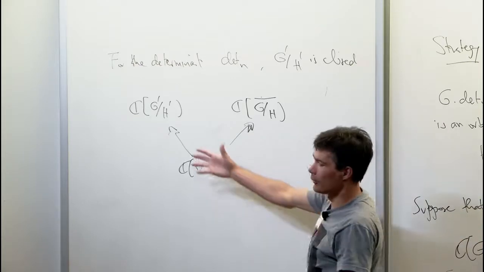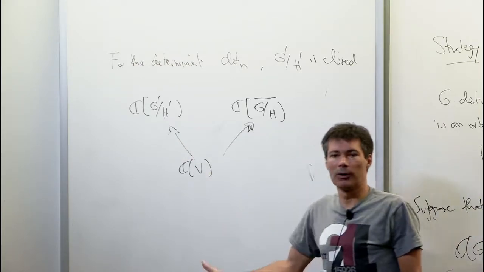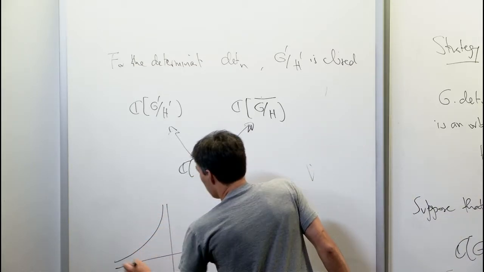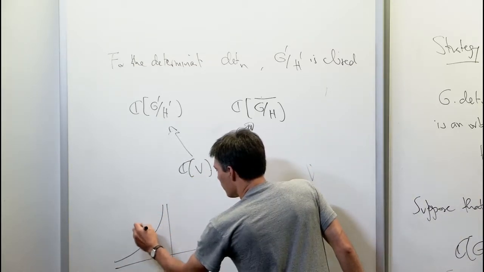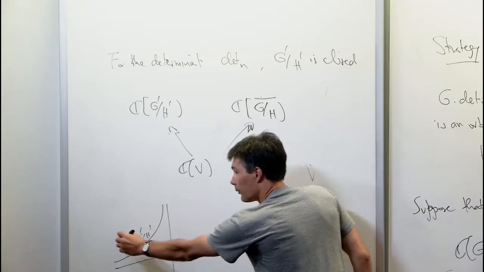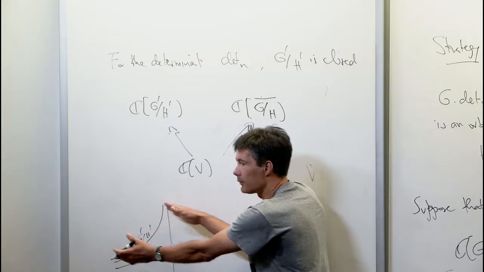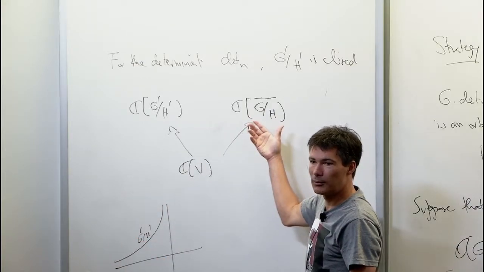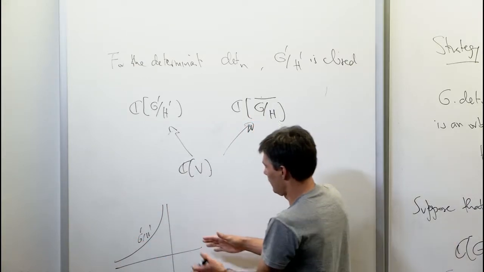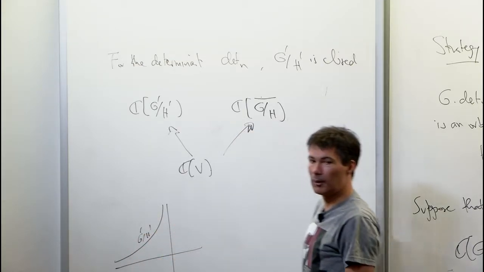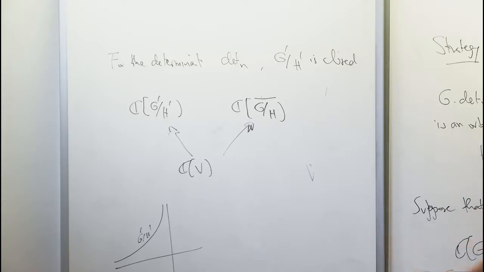So we are pretty much in the situation of the hyperbola I mentioned at the beginning. The hyperbola would be G prime over H prime, which is closed. But when you take the cone over the hyperbola, which is G over H, then it's no longer closed. You have the whole plane minus the two axes. So that's the typical phenomenon that we have to understand.